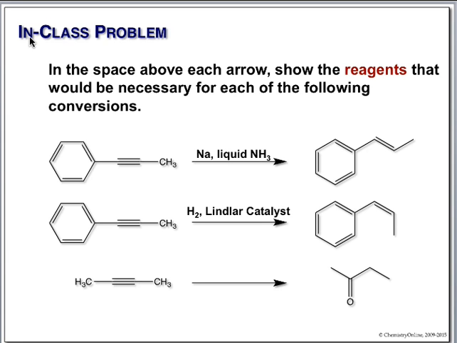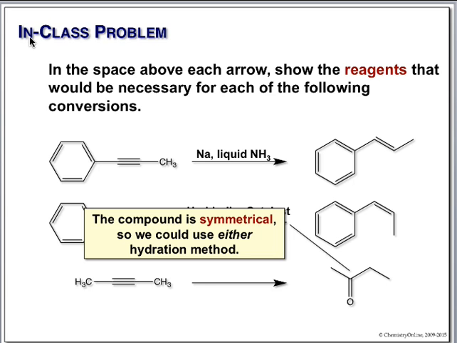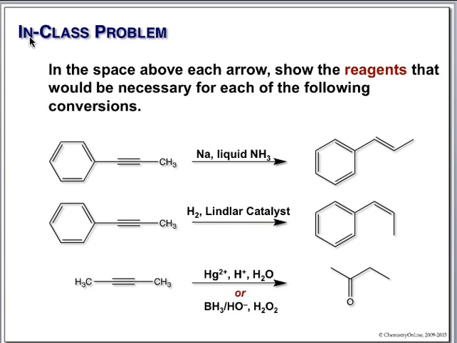Because this is symmetrical, it doesn't matter. The simplest would be to do hydration, and again, that's aqueous acid in the presence of mercury 2, or hydroboration oxidation. Any questions on these?